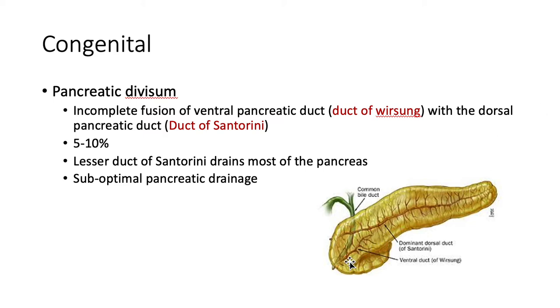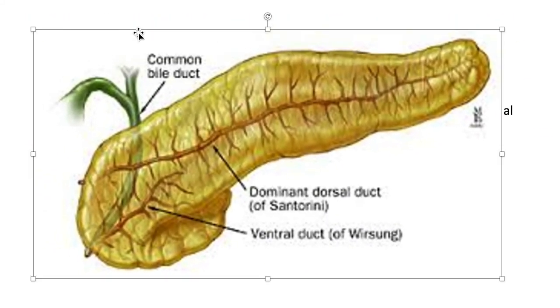But here in the pancreatic divisum, it's much less than the dorsal duct, which is the dominant here. But normally it should be the opposite. Okay, so they are ill formed. That's why it could be prone to any injury.